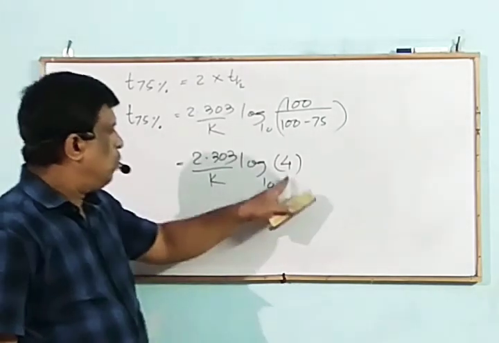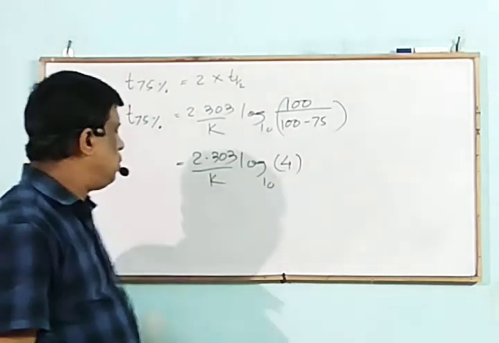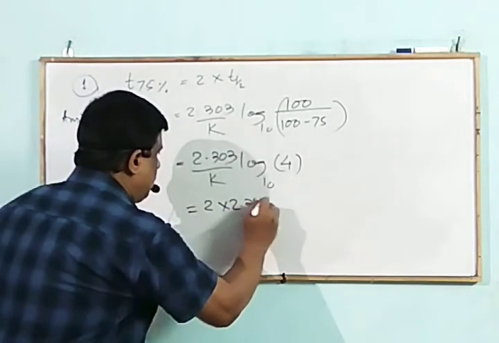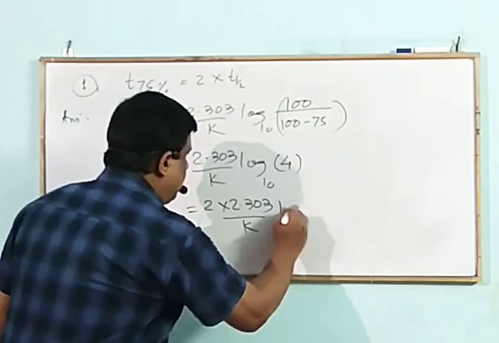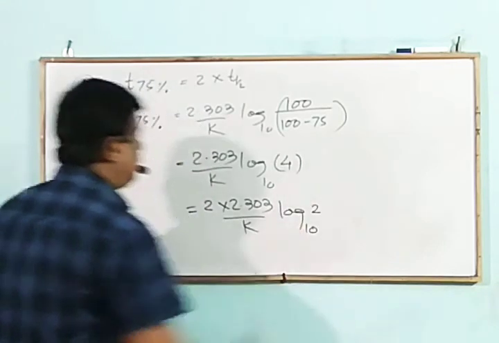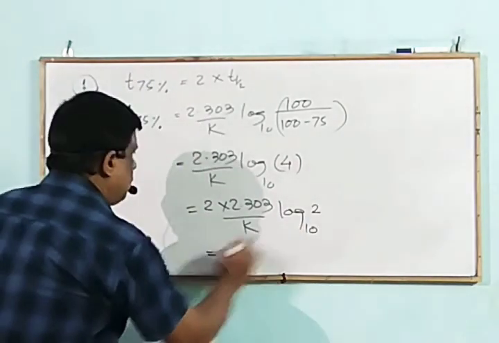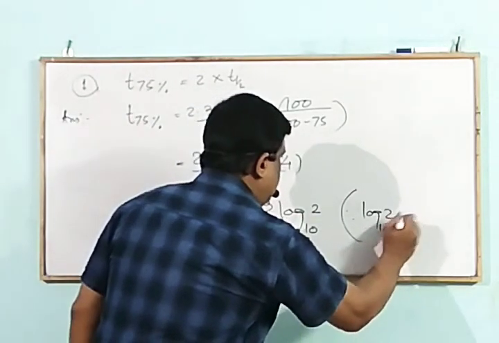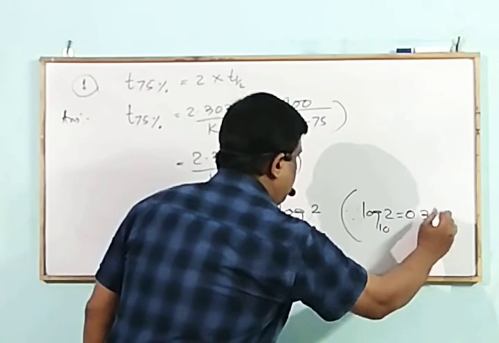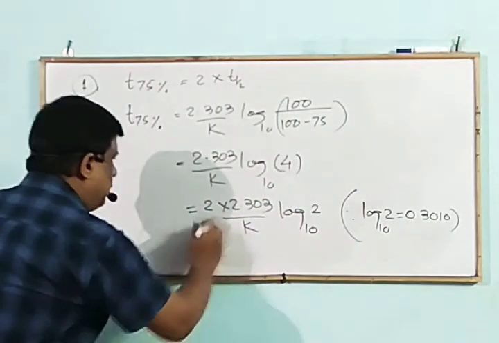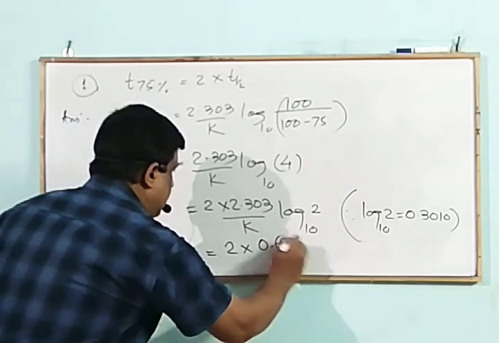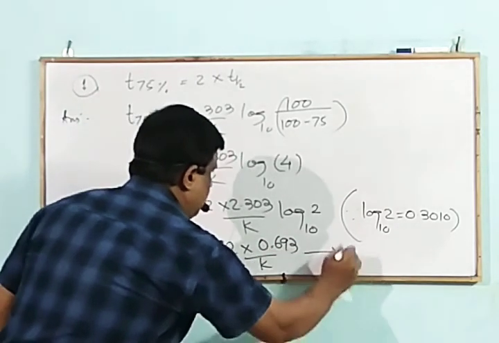That is 4 rewritten as 2 to the power 2, that is 2 log 2. That is 2 into 2.303 by K into log base 10 2. We know the value of log 2 is 0.3010. Putting this value, this equals 2 into 0.693 by K, equation 1.